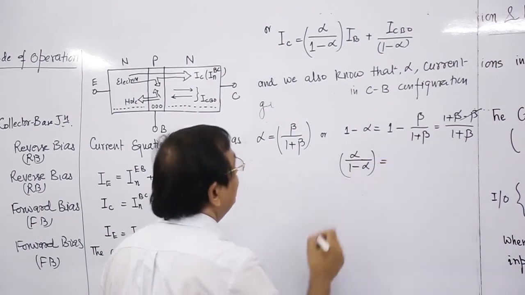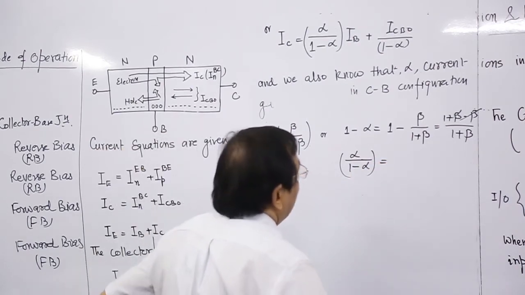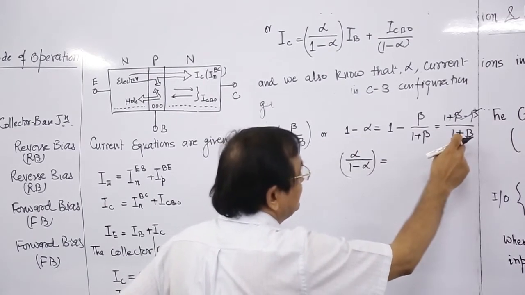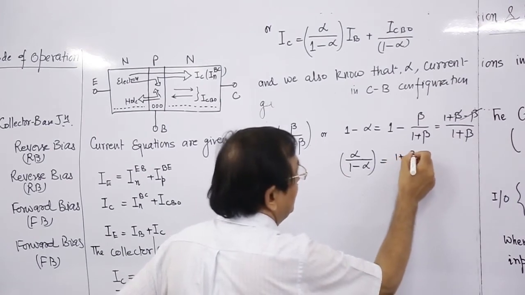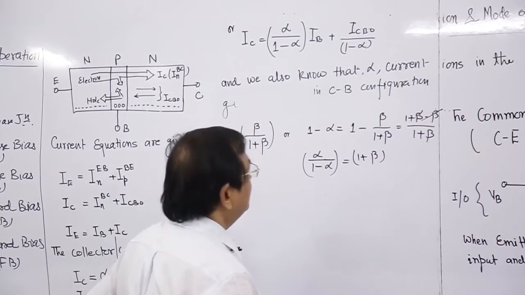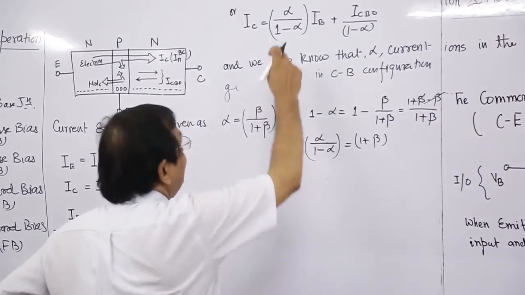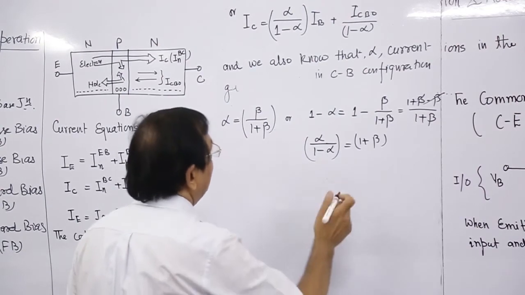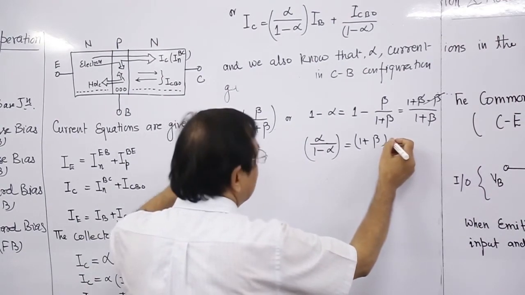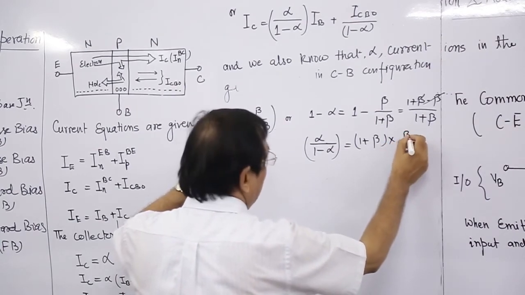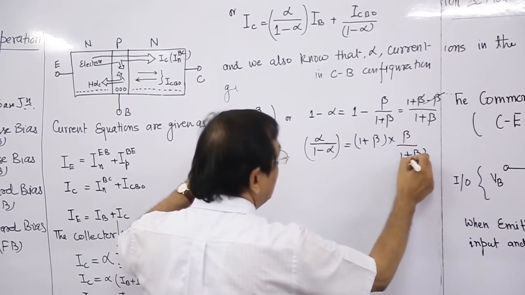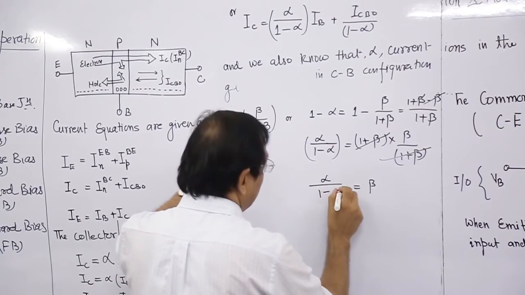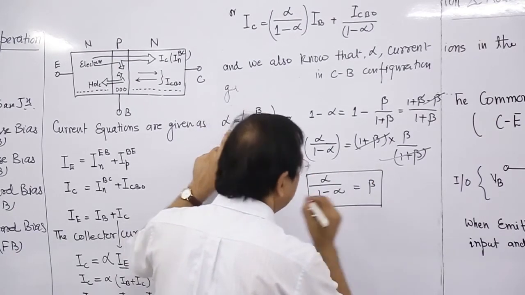So alpha upon 1 minus alpha is beta upon 1 plus beta multiplied by 1 plus beta, so this cancels, and alpha upon 1 minus alpha is beta, the first.